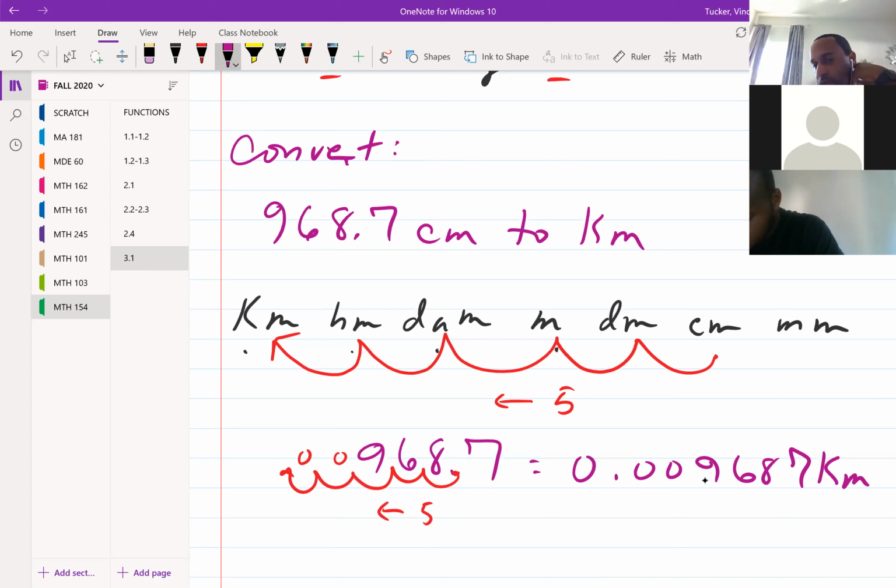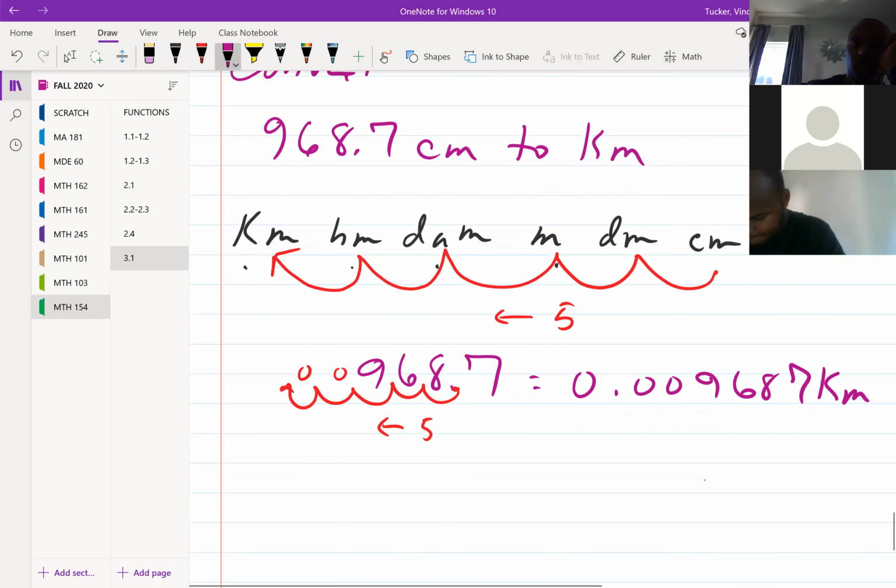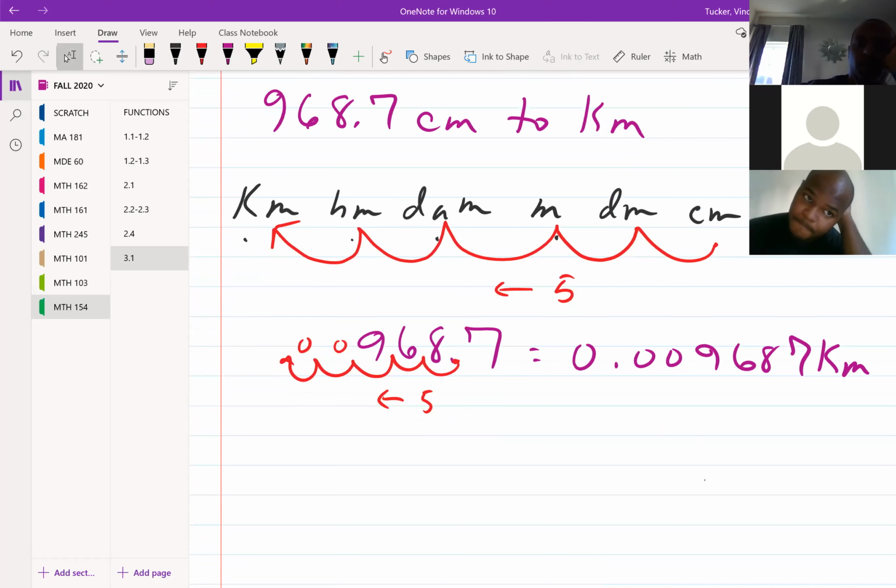And that would be your conversion. And whether it's meters, liters, or grams, you still follow the same process.